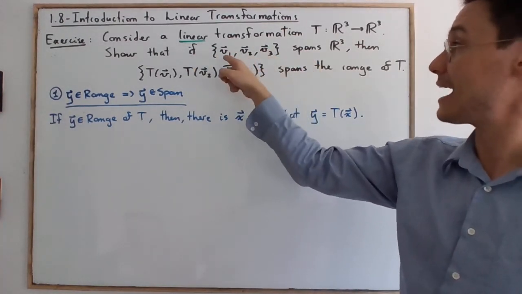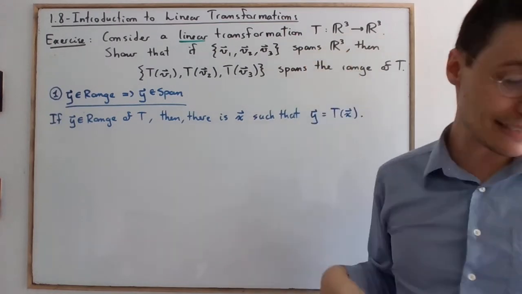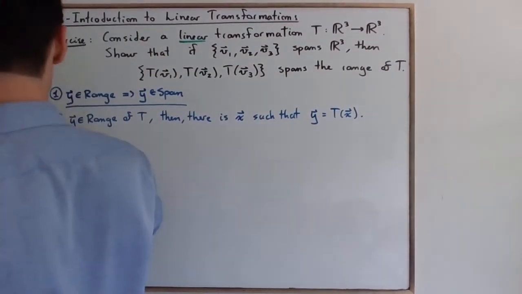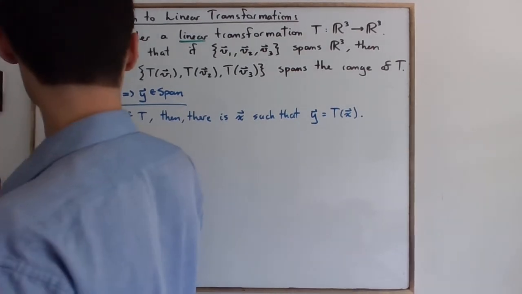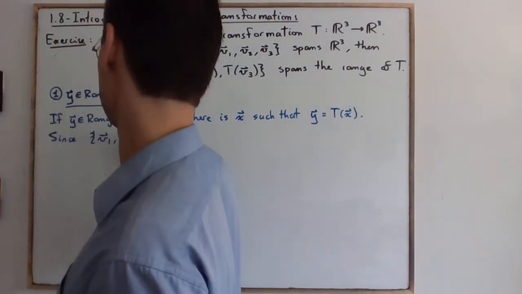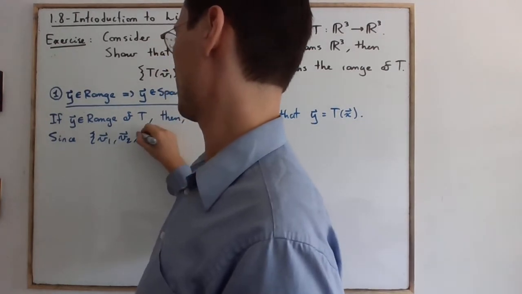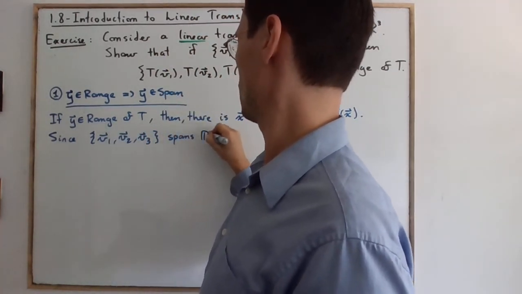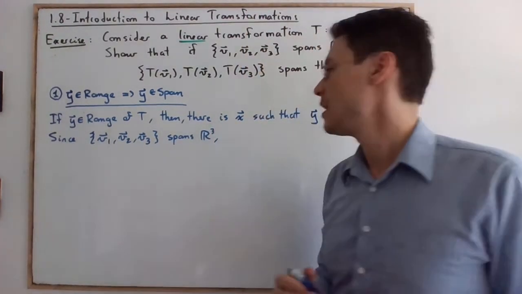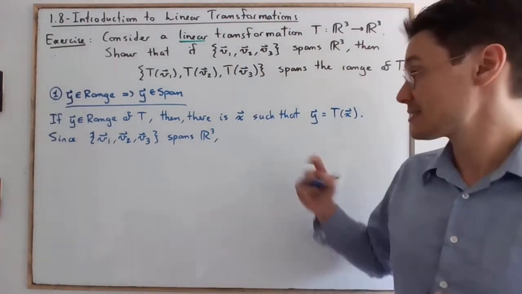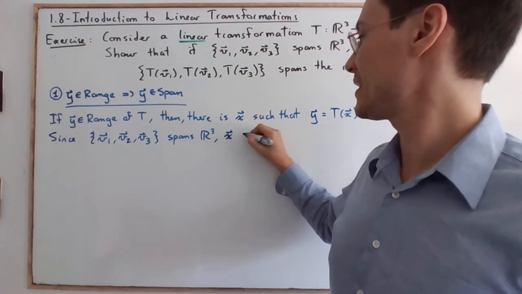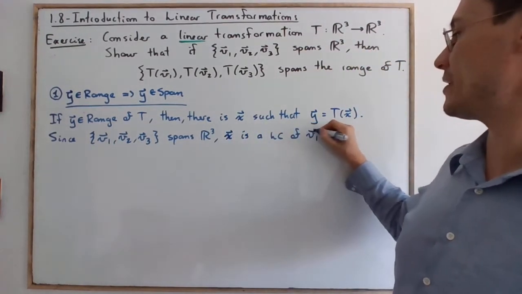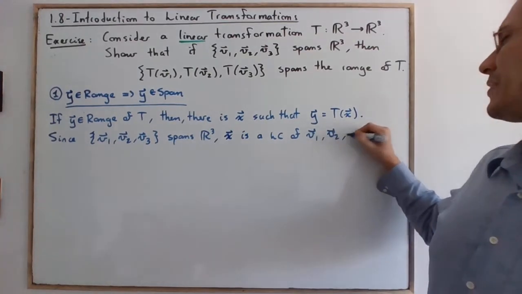The fact that v1, v2, v3 spans R3. Since v1, v2, v3 spans R3, every vector x is a linear combination of v1, v2, v3.